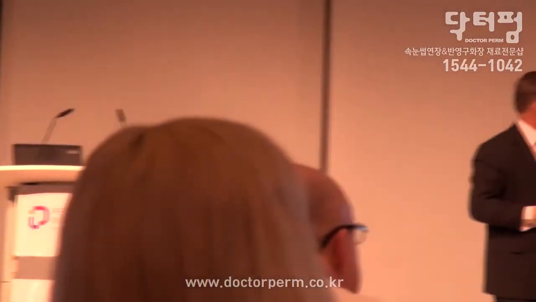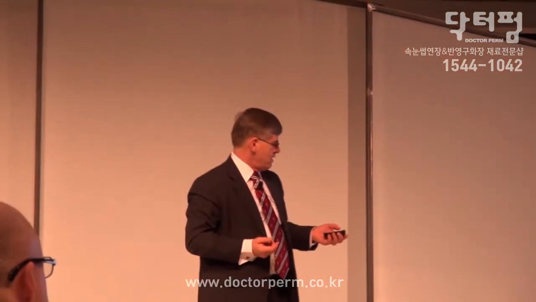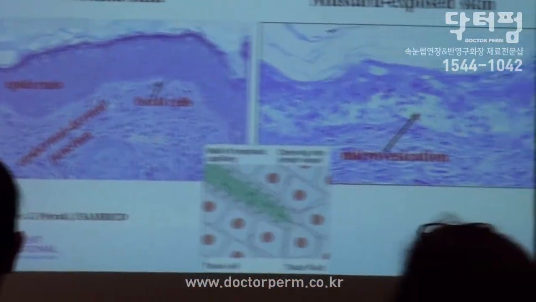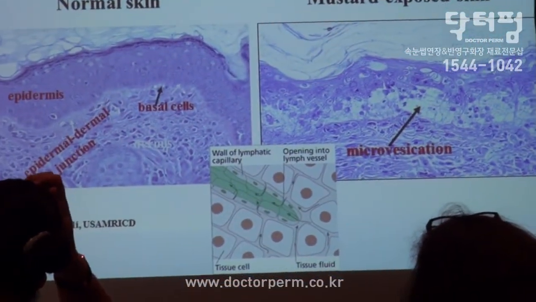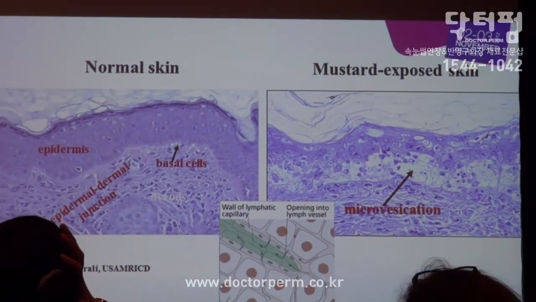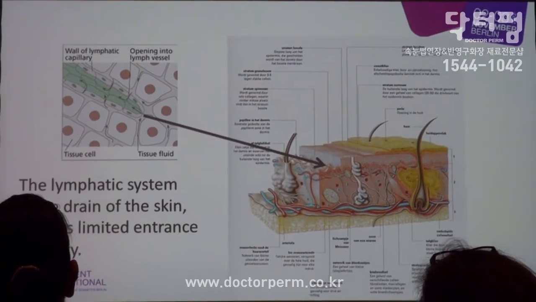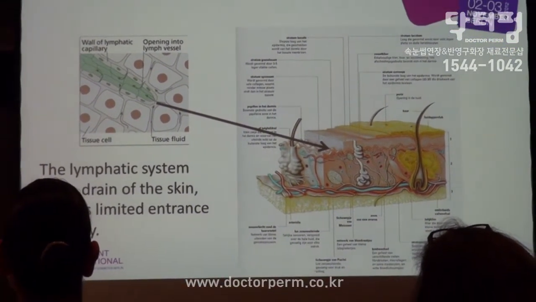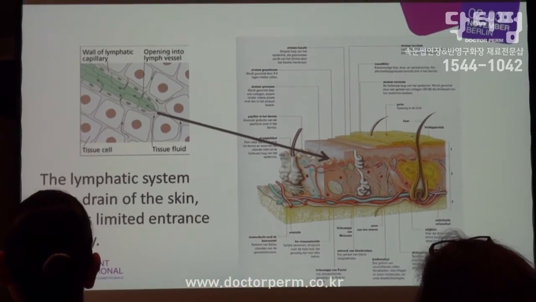And that goes over the lymphatic system. You can see the entrance of the lymphatic system in this drawing below. And there you see that the lymphatic system is nice, but it has a limited entrance capacity. The lymphatic system is located just at the stratum basale.